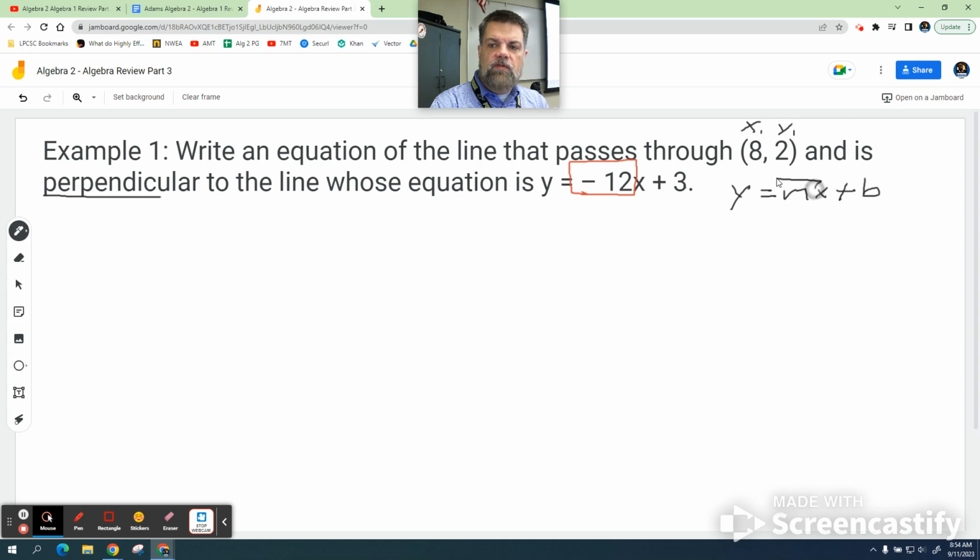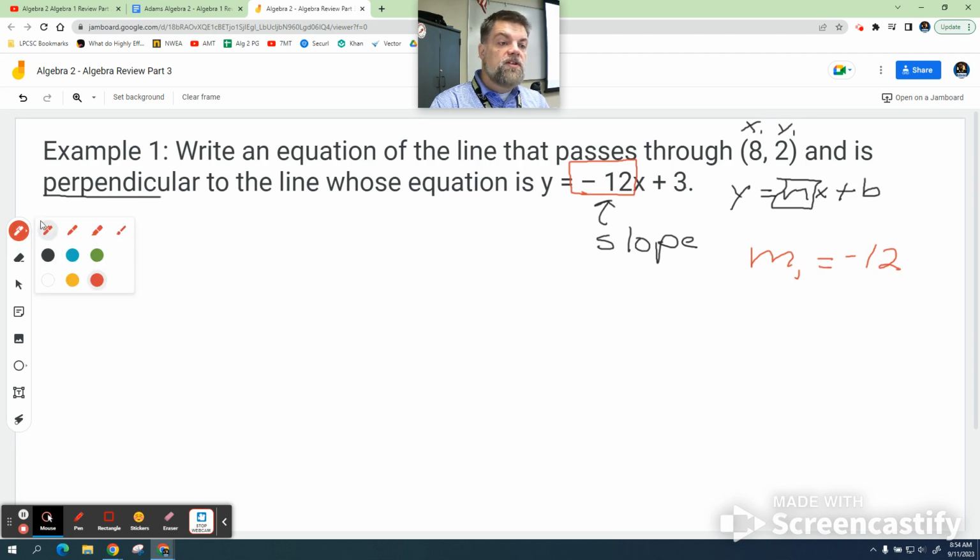It's the number in front of x, all right? So that's the slope. So this is the slope of the original equation. Now we're going to try something different here. We're going to call this M1. And so M1 is negative 12.